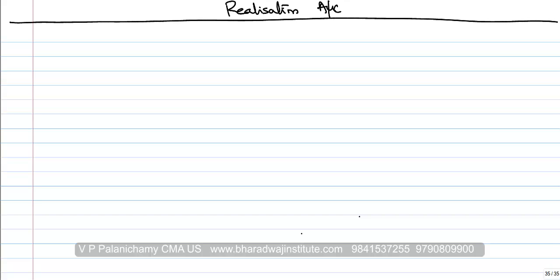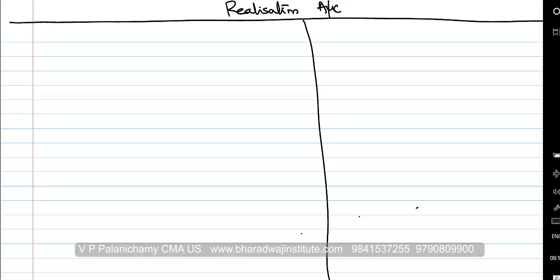Leave around 15 lines plus gap. At least 15 lines will be required for realization account because we have got many liabilities. Capital account, compared to the last problem, will take about 2-3 lines extra.